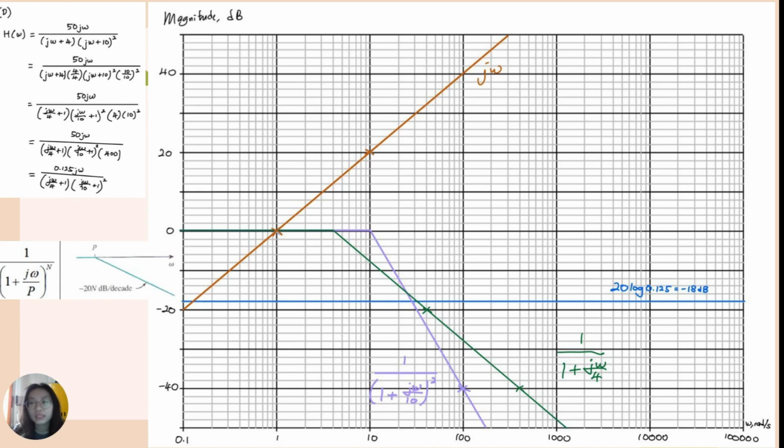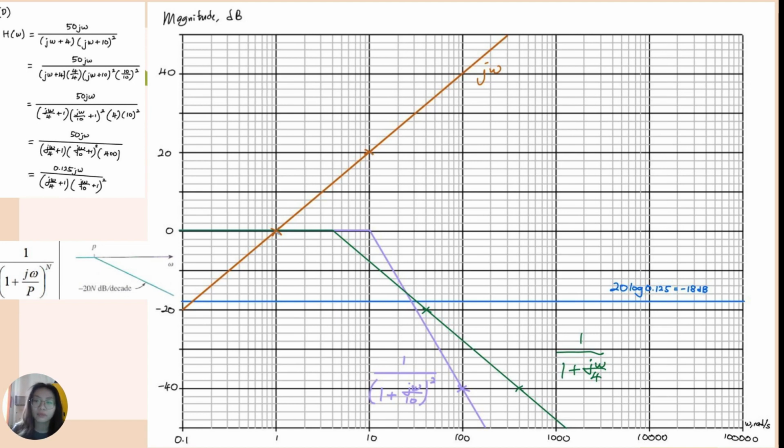Then we will plot at negative 20 dB in 1 decade, which is at 40 radian per second, as one point, and plot the second point at negative 40 dB in 1 decade at 400 radian per second. So we draw a line downward between these 2 points. So the green color is the simple pole at 4 radian per second.